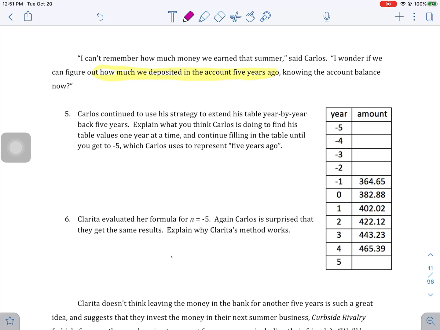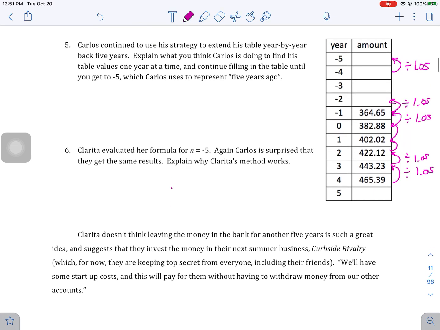There's another one where you realize, oh, what if you go the other direction? You divide by 1.05 each time. And therefore, we can look at where we were 1 year ago by dividing by 1.05, or 2 years ago by dividing by 1.05 twice. And we could complete that table until we had figured out for 5 years, right? That's one way you could do it.